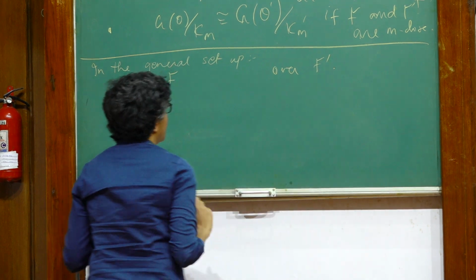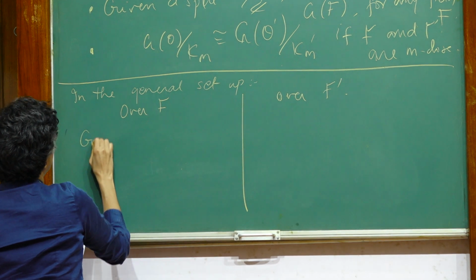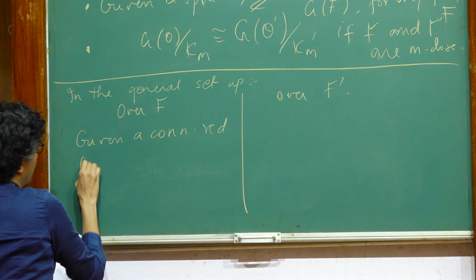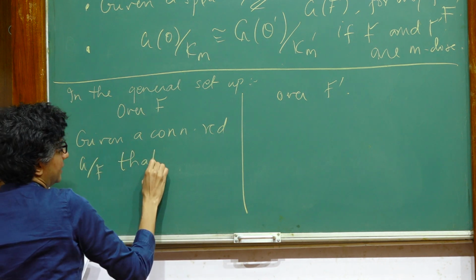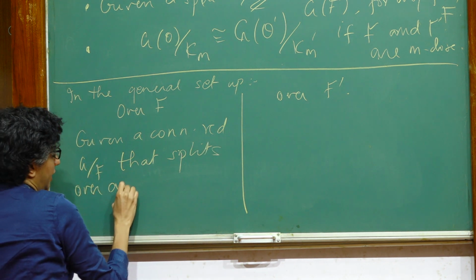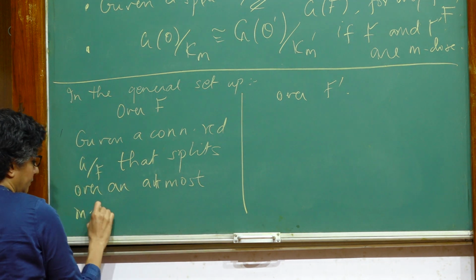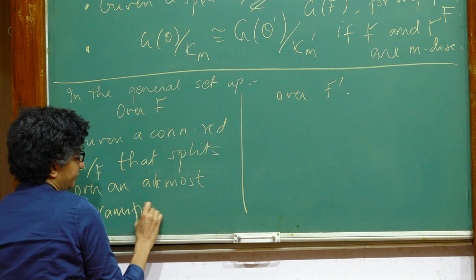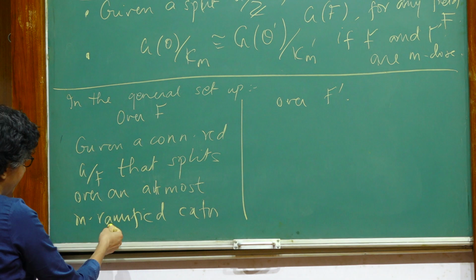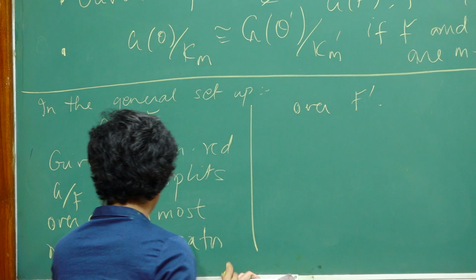Over F prime, given a connected reductive group G over F that splits over an at most M ramified extension, by that I mean it splits over an extension L over F where the ramification group of L over F in the M upper numbering filtration is 1.